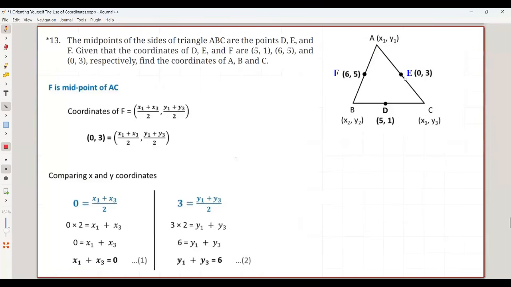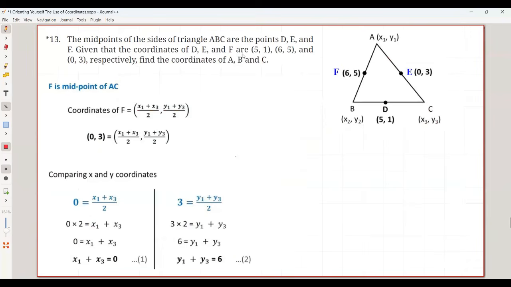D is the midpoint of BC, E is the midpoint of AC, F is the midpoint of AB. D point is given 5, 1, E is given 6, 5, and F is given 0, 3 respectively. Find the coordinates of A, B, C. Even in 10th standard, they didn't give this type of questions.